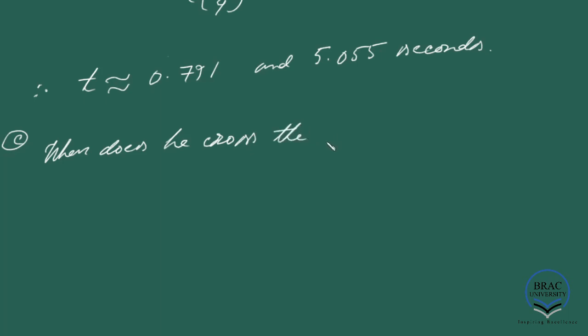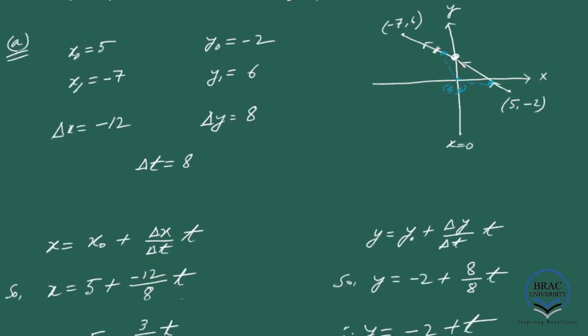I said that we're going to be using the parametric equation for Rupam's x-coordinate. We just saw from the graph that he's crossing the y-axis when his x-coordinate is 0.